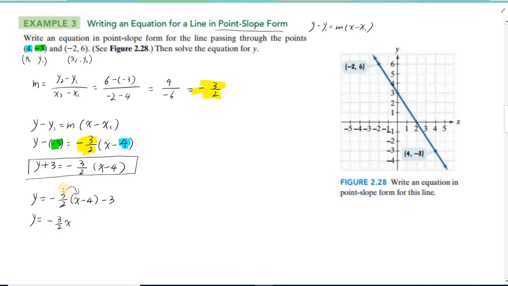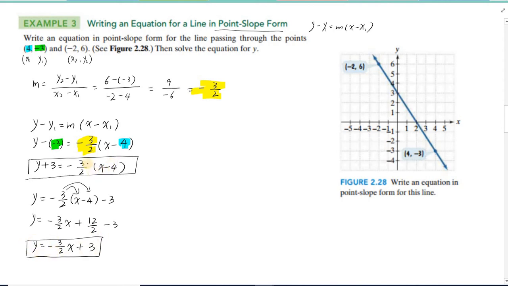I'm doing a distribution, and that will be plus 12 over 2, which is just going to be 6. So minus 3. So we have negative 3 over 2x, and then this is 6 minus 3, it's just going to be 3. So this is your second part of the question.